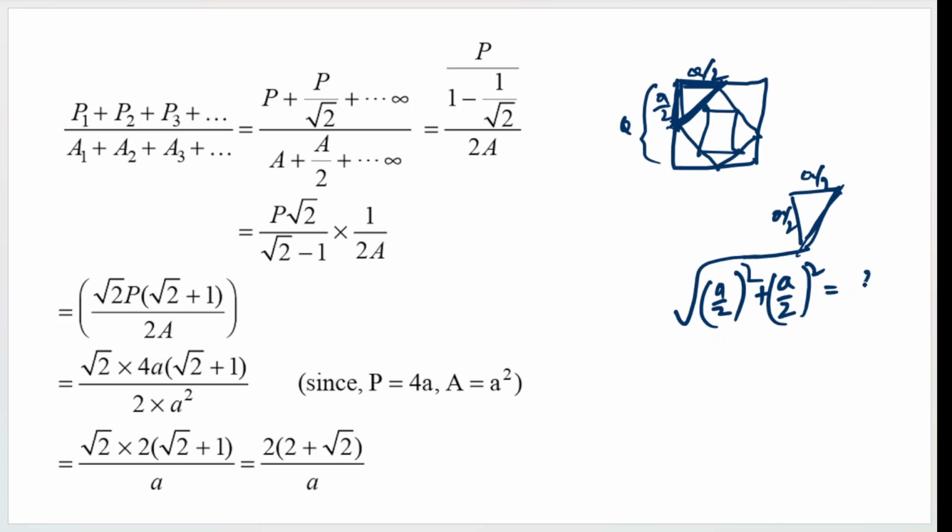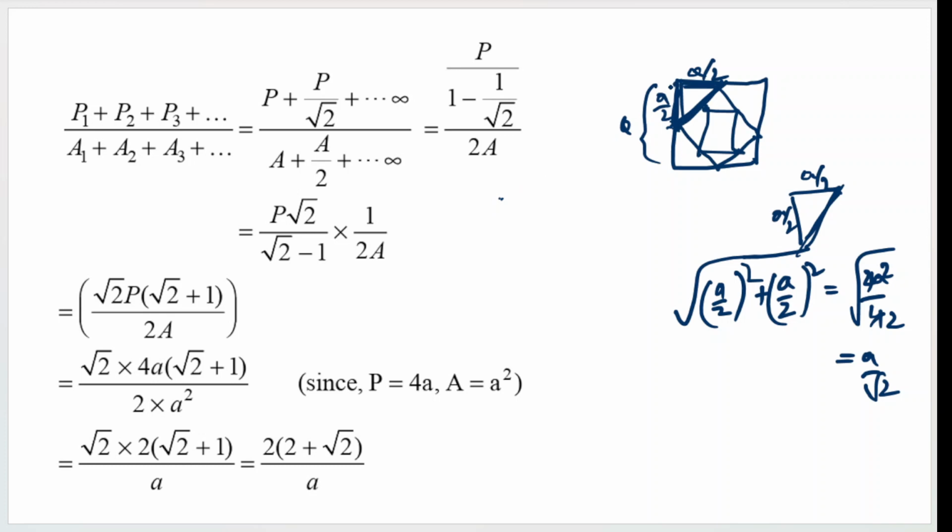That equals root of 2A square by 4, which is equal to A by root 2. So if the total side is A, then this part is A by root 2.